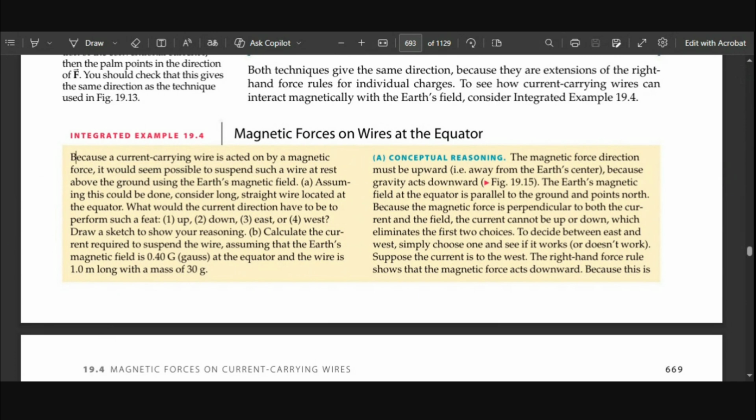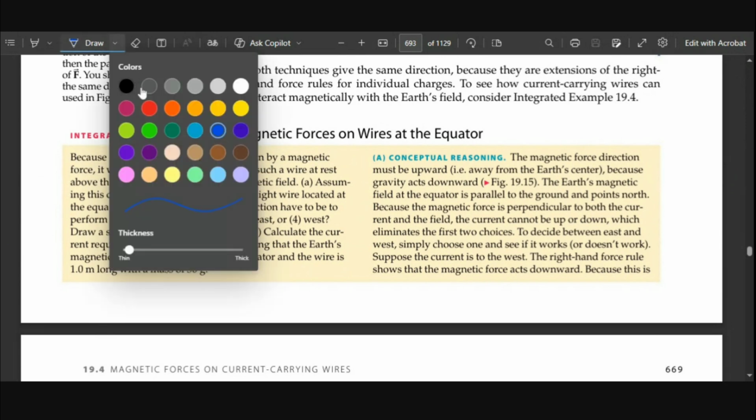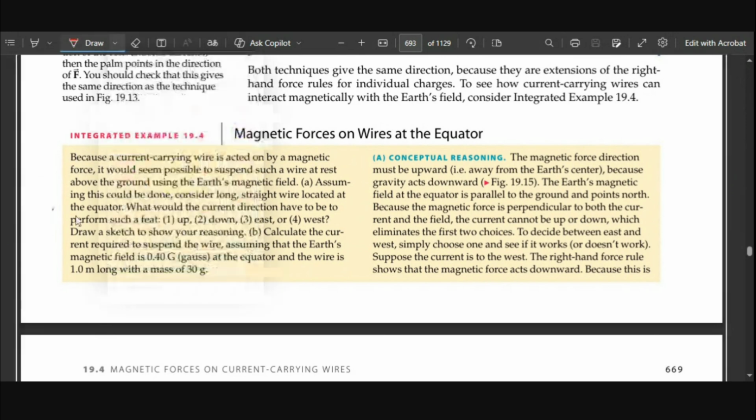Assuming this could be done, consider a long straight wire located at the equator. We just have to assume that we can put the wire on the equator above the Earth's surface. What would the current direction have to be to perform such a feat?